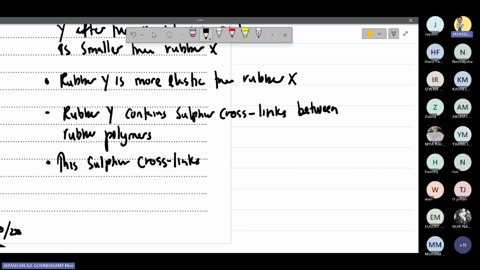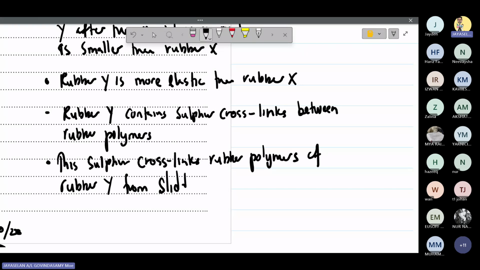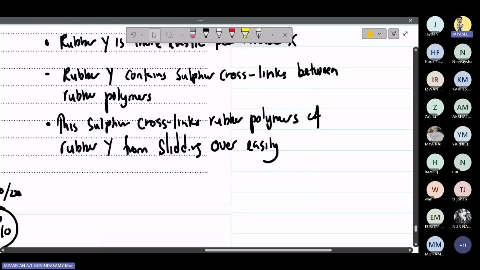You kena letak rubber Y from sliding over each other easily. Finish. Satu markah.